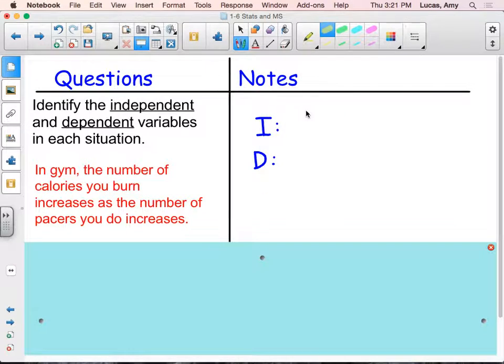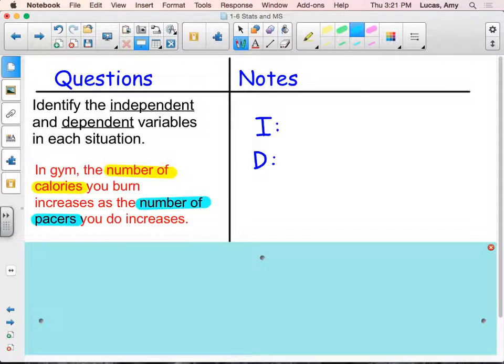I'm going to use my highlighter here. In gym, the number of calories you burn increases as the number of pacers you do increases. So we've got the number of calories as one of our variables. The other variable would be the number of pacers. So that means running back and forth across the gym, in case you're not familiar with pacers.